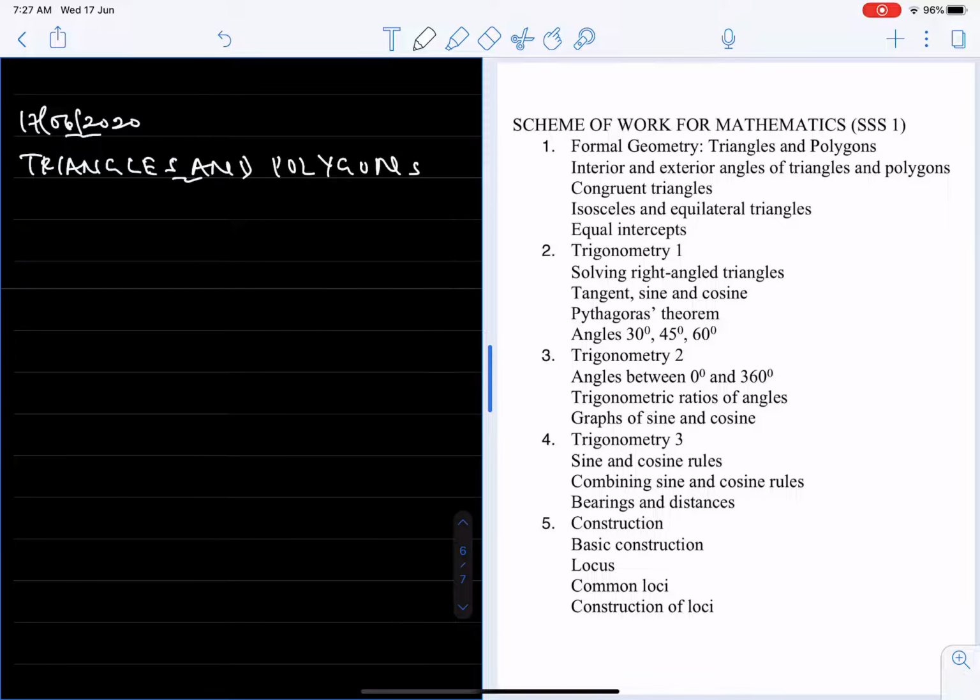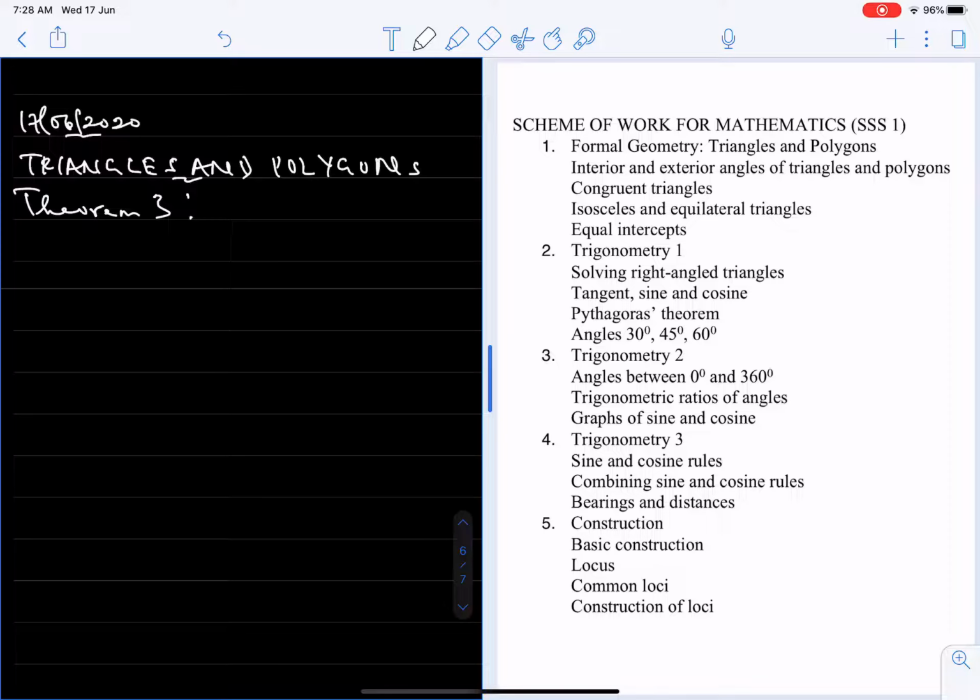Now, the theorems we're taking now, we're just going to state them. We don't need to go through the proof. You can check that in your textbook. It's quite simple and self-explanatory.